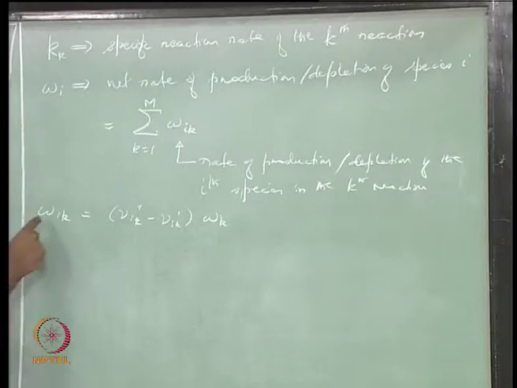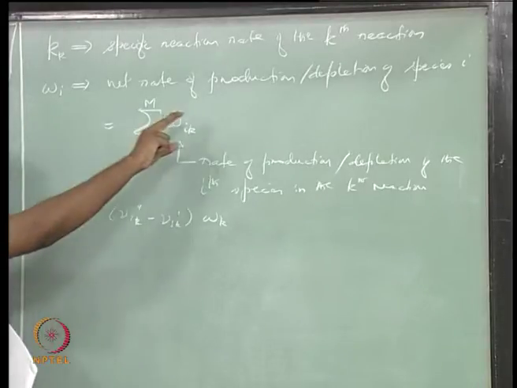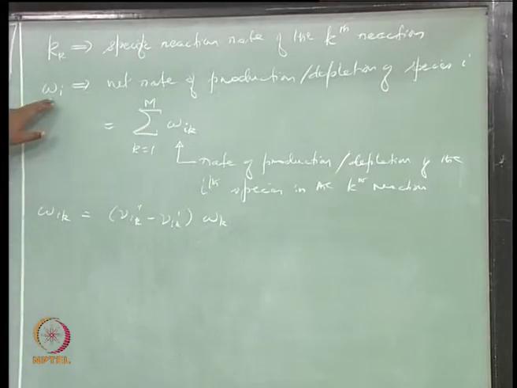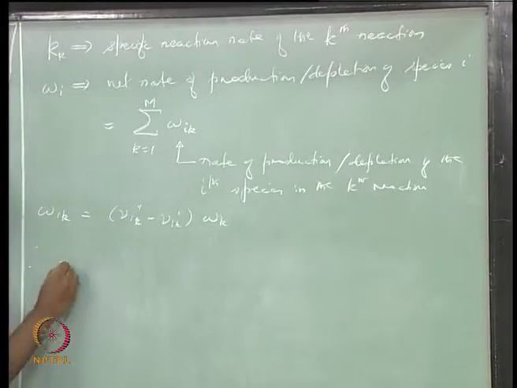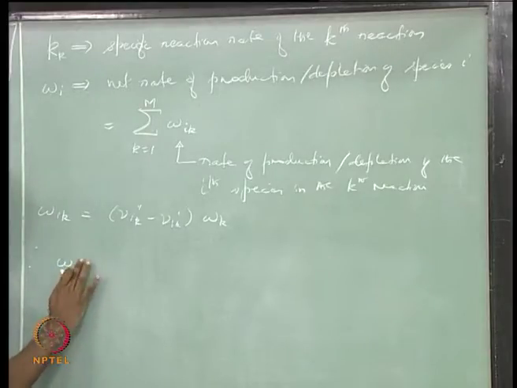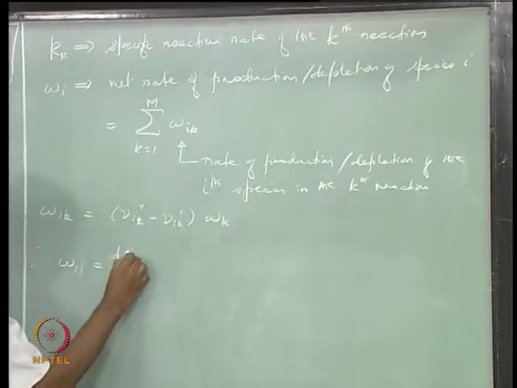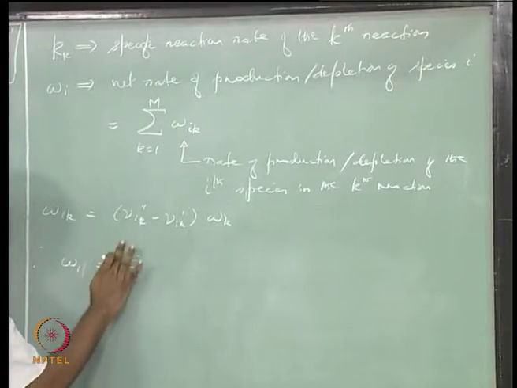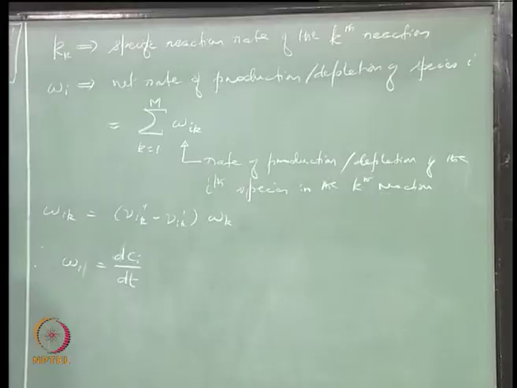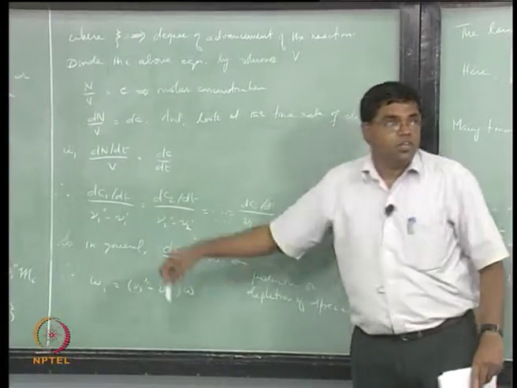Now you have to plug this back in here, add over all the reactions to get the net rate of production of a particular species, right. So therefore omega I, this is nothing but dCi over dt, that remains the same there, you see, omega I is dCi over dt, right.